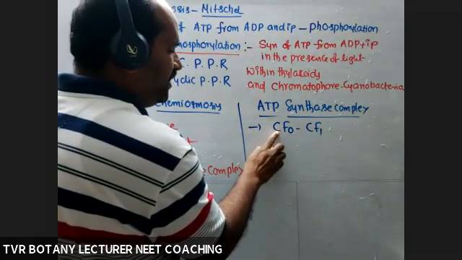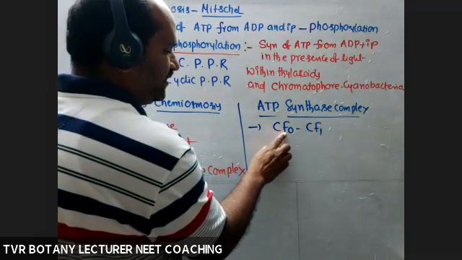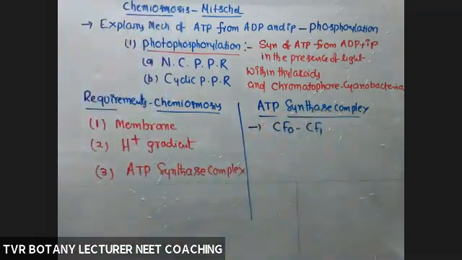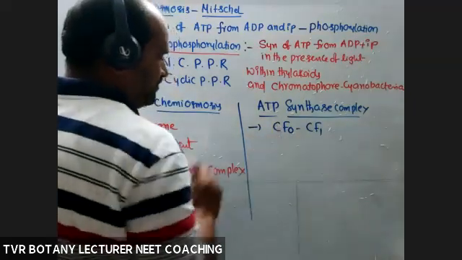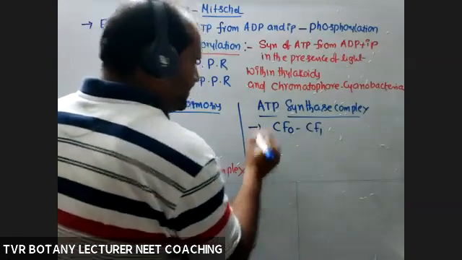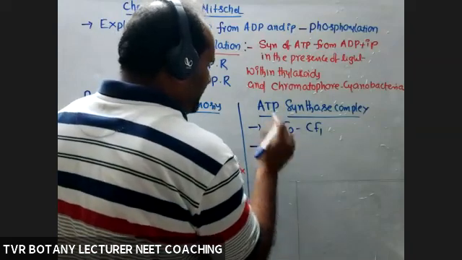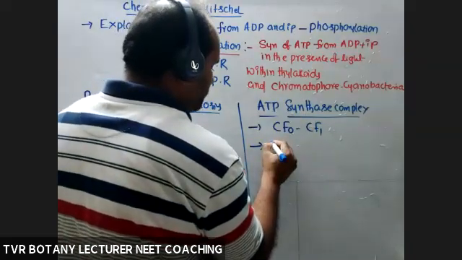CF, coupling factor, CF0, CF1. So ATP synthase complex is also called a CF0, CF1 complex. CF means coupling factor, able to couple. We'll see what that coupling is. Remember the nomenclature of this one. This ATP synthase complex is nothing but a transmembrane protein.